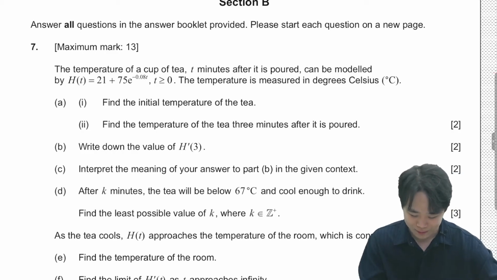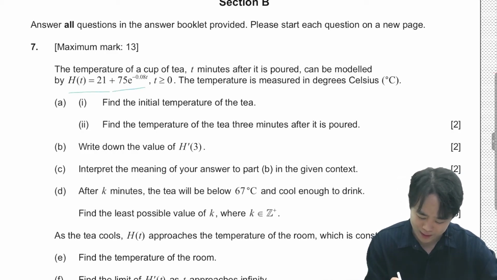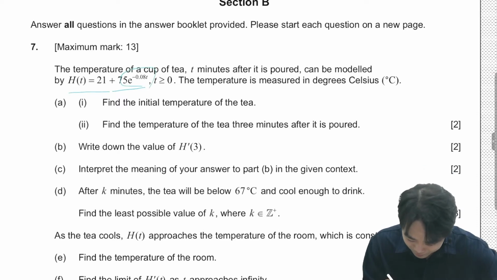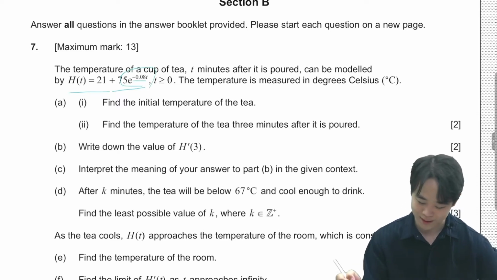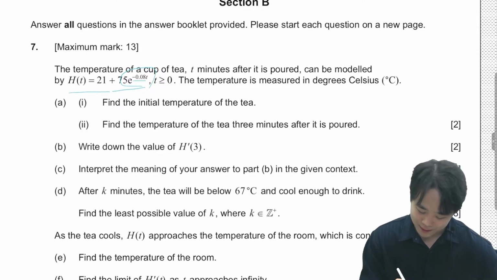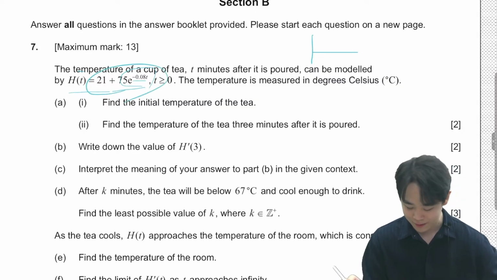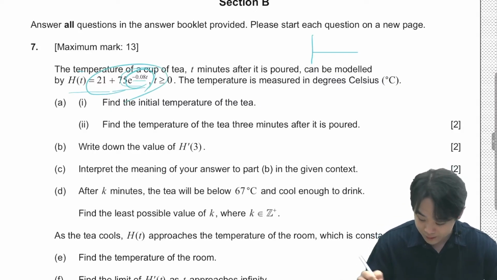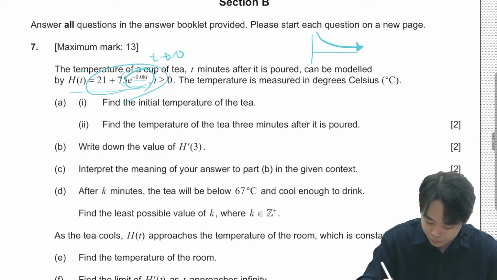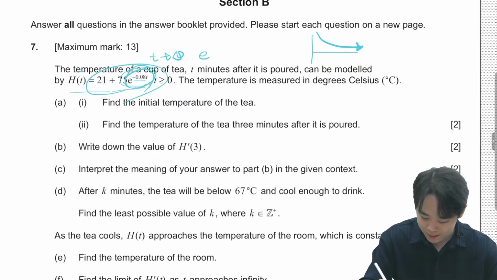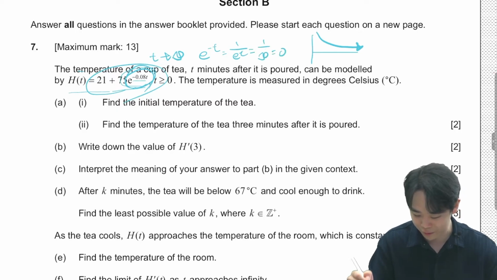The first one is an equation that involves exponents, right? So e to the power of negative 0.08t. This is going to give us the temperature as a function of time. With or without using your calculator, you might want to see what this is going to look like. We have an exponential decay function that goes like that, because as t goes to infinity, e to the power of minus t is like 1 over e^t, 1 over an infinitely large number, so it's going to go to 0.